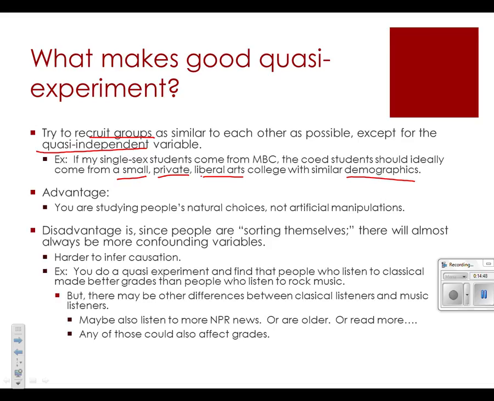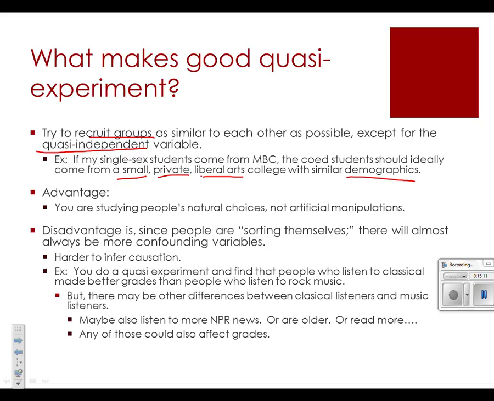JMU is much, much larger. JMU is a public school as opposed to a private school. JMU has a lot more non-liberal arts majors. There are all sorts of differences. So again, matching people and eliminating as many confounding variables as you can.